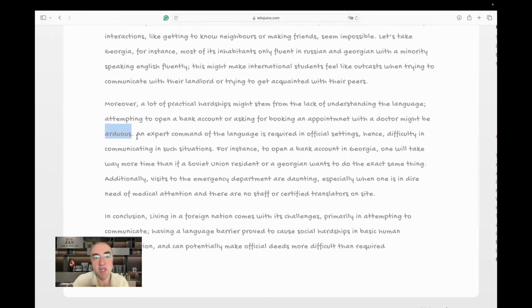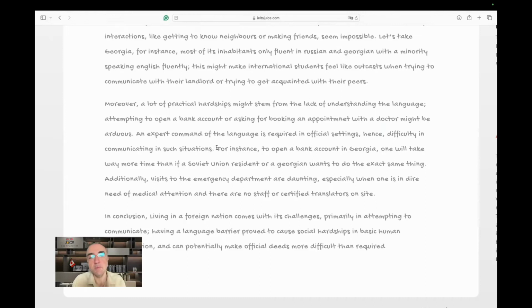An expert command over the language is required in official settings. Hence, difficulty in communicating. Okay, I don't need the second comma here. Hence, because this part is not a sentence, we don't need the second comma. Hence, difficulty in communicating in such situations.